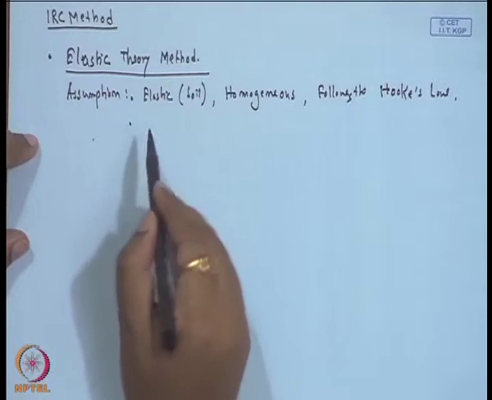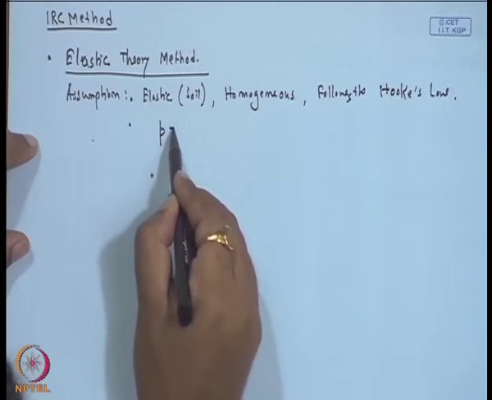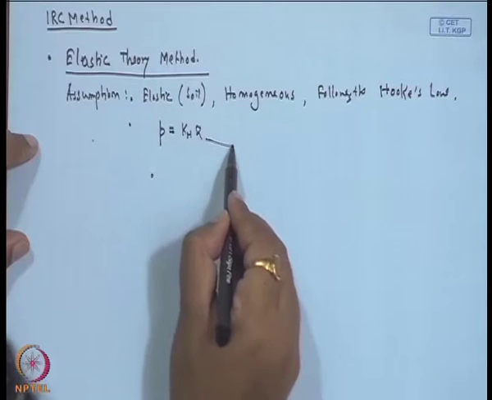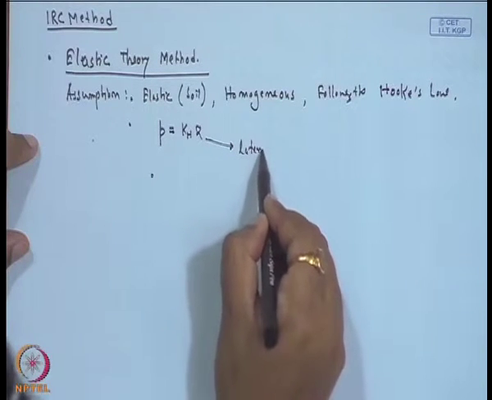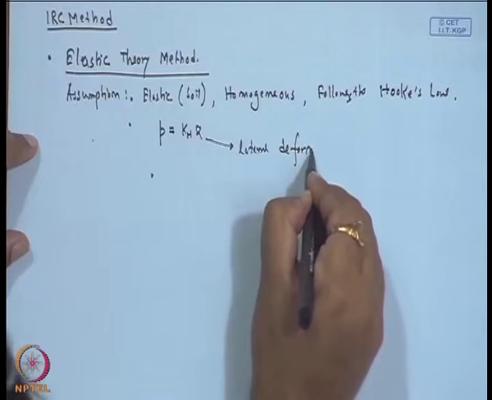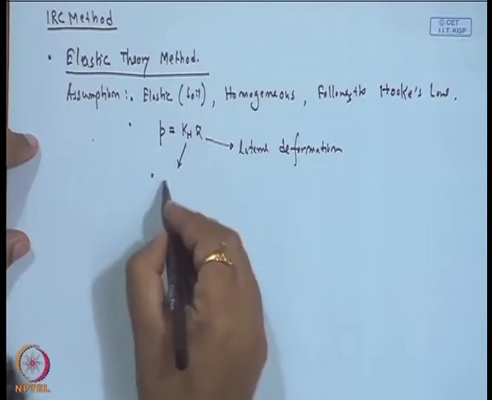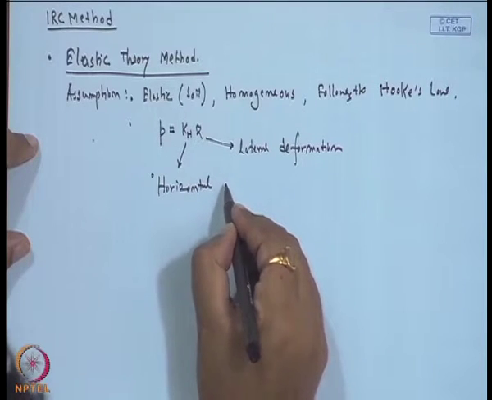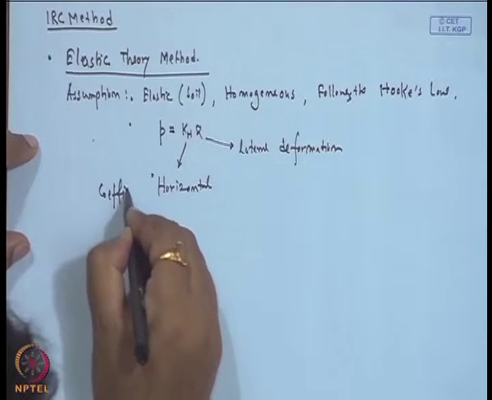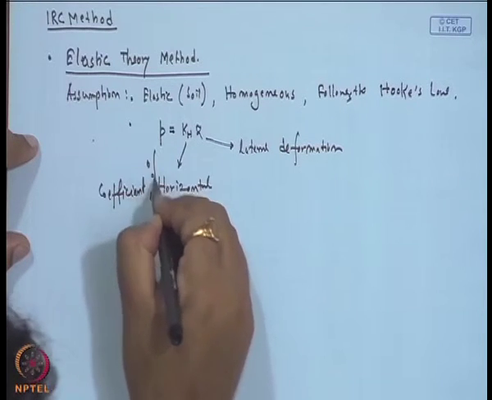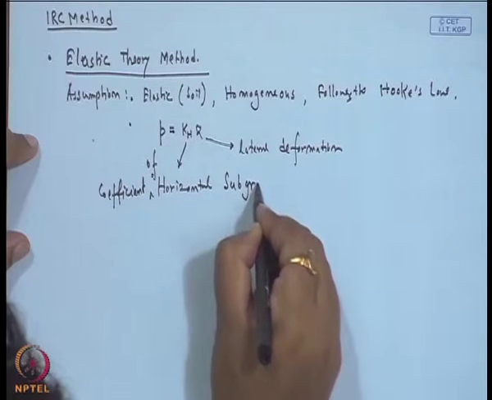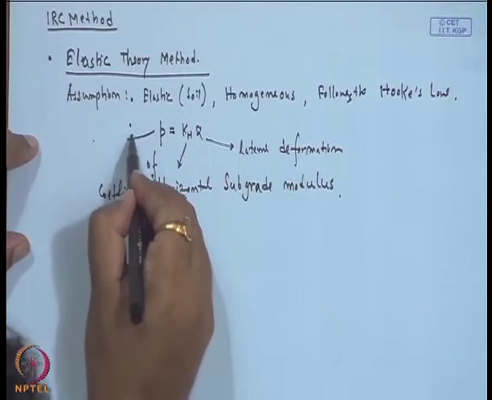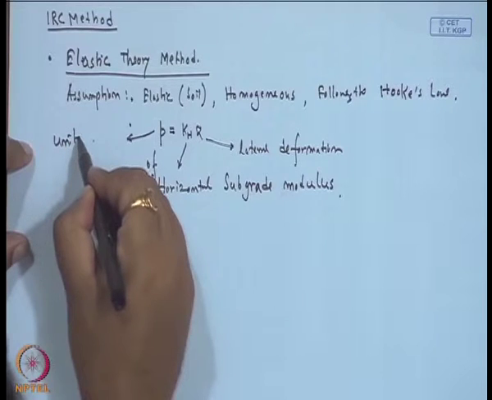The next assumption is that the unit pressure P is equal to K_H times Z, where Z is the lateral deformation, K_H is the coefficient of horizontal subgrade modulus, and P is the unit soil reaction.